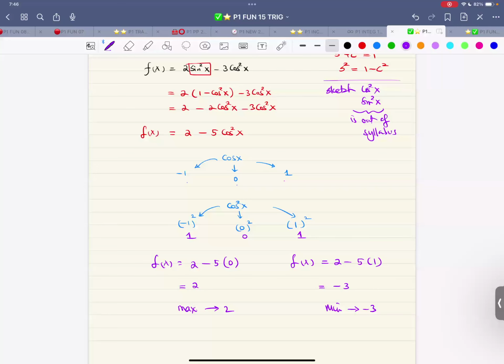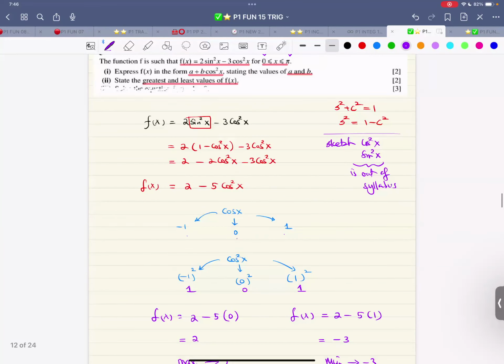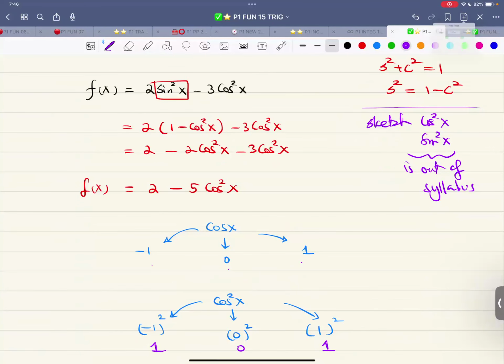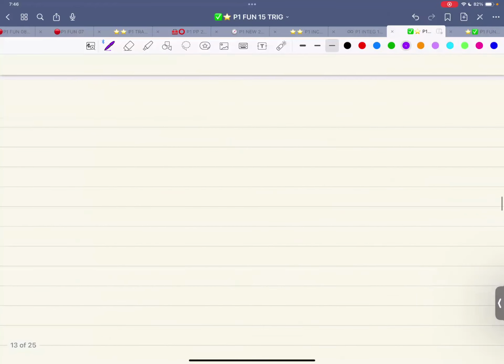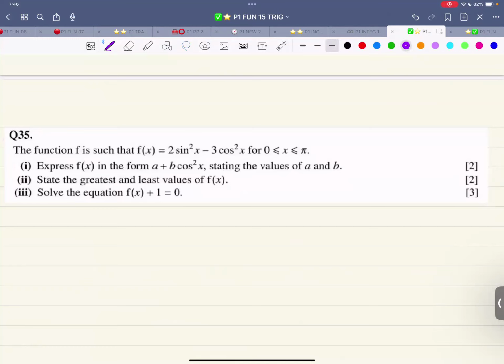Okay. Now let me change the question. How will I change it? Let's have a good look. Let me add a page, and over here, I'm writing this.